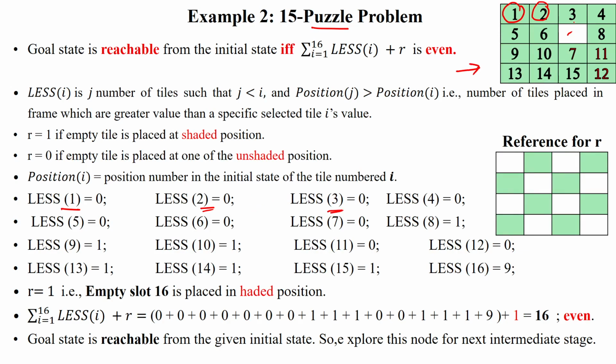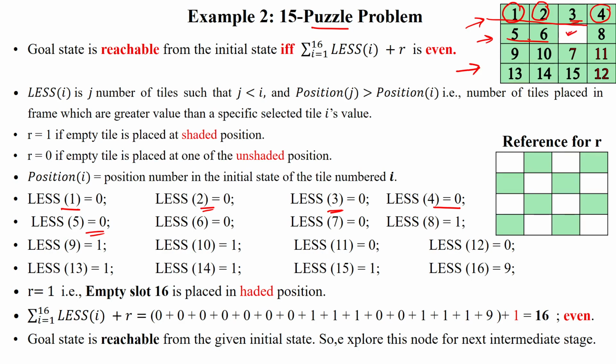For 3 also, 1 and 2 are placed before the 3, so 0. The position of 4 is also greater than these 3, so that is also 0. Less of 5 and 6, both are 0 because all are before, I mean the positions of these elements are less than the position of this one.